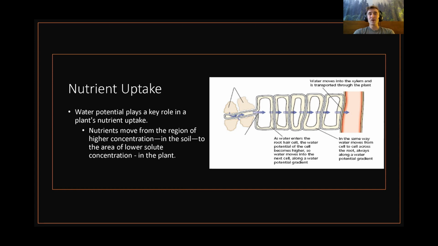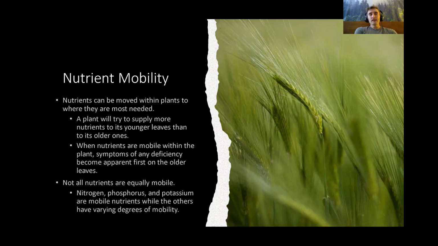That's typically not a problem because the mineral component of soil is literally made up of all of these minerals that our plants need. It's just making sure they're available. That's the tricky part. Now, interestingly, the plant has the ability to select where to send these minerals within the plant.